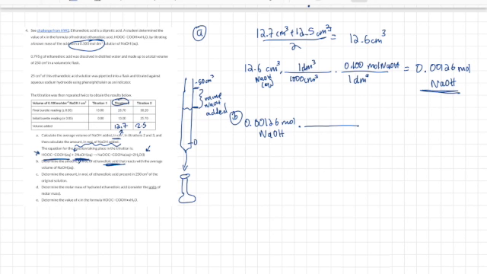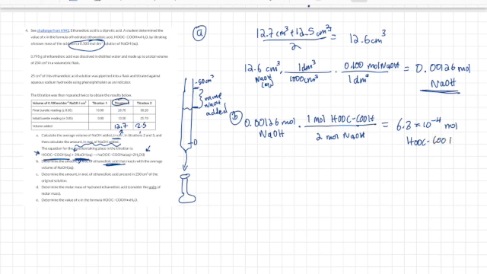I can do that with coefficients. So 2 moles NaOH, 1 mole ethane dioic acid. I'm finding the amount in moles, so I can just stop there. So this is 6.3 times 10 to the negative 4 moles of ethane dioic acid.